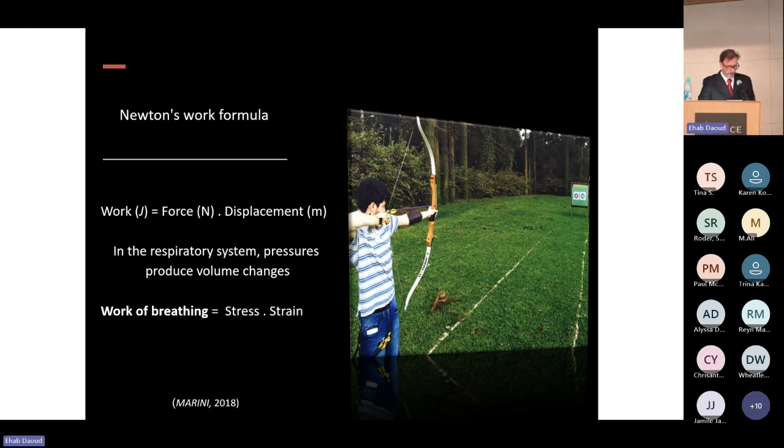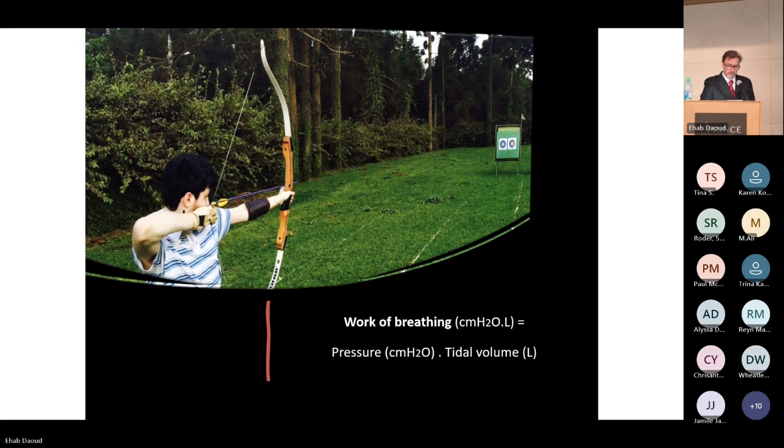The airway pressure reflects the stress applied to the lung and chest wall, and strain corresponds to the change in lung volume, that is, the alveolar deformation. Therefore, work of breathing equals pressure multiplied by tidal volume.